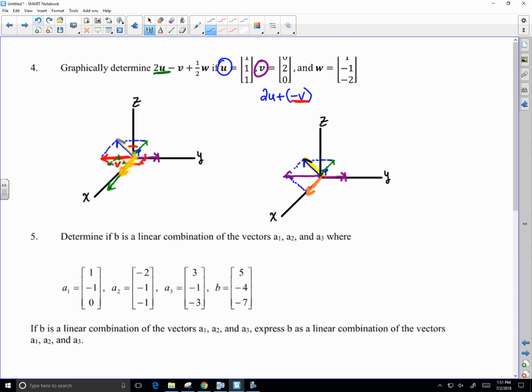Looks a little too much like the negative y-axis, but it's the best I can do. All right, so that vector is the answer.